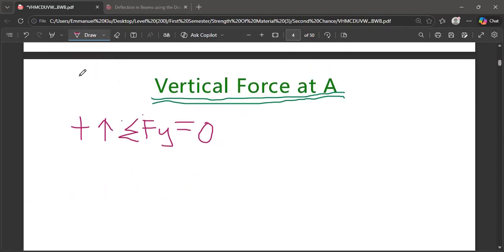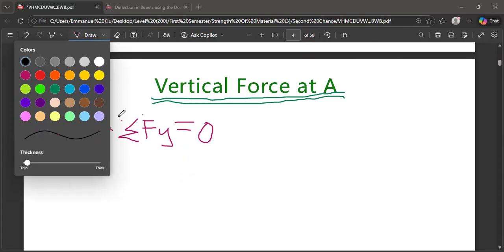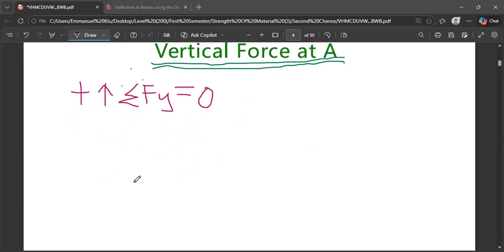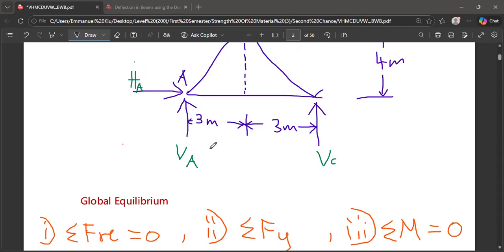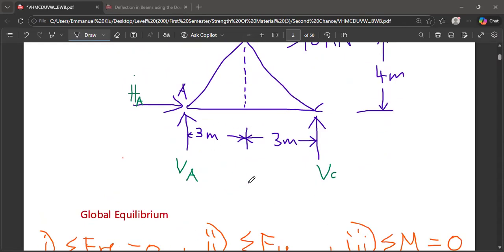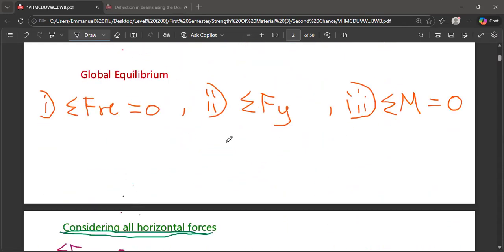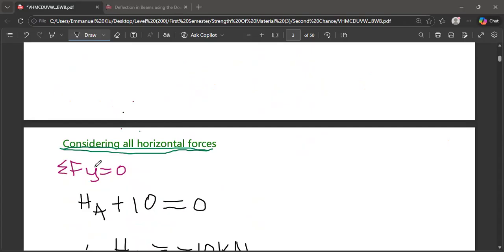Then from here, we are now going to use our initial rule we all know. That is, we are going to move all upward forces. All forces that are moving upward, we will consider them. Over here, which rule were we using? This rule is actually supposed to be X. Okay, sum of all forces moving in the horizontal axis.